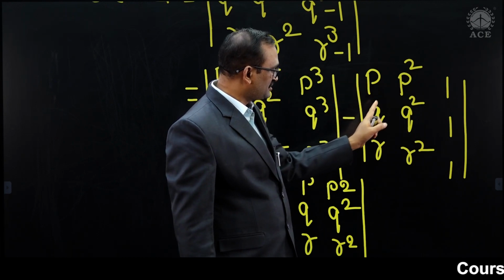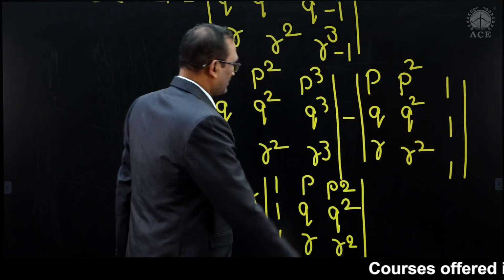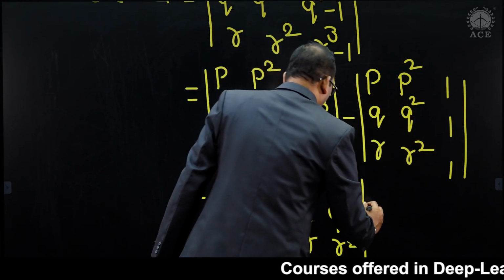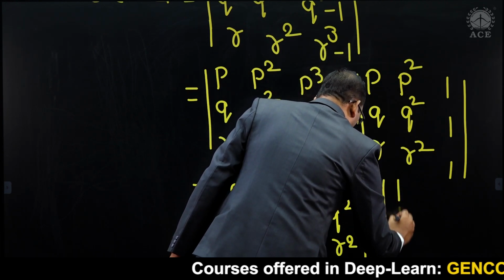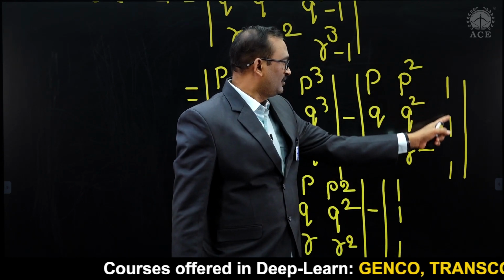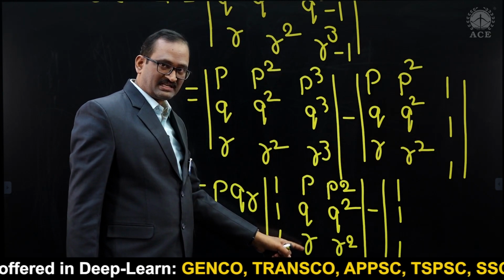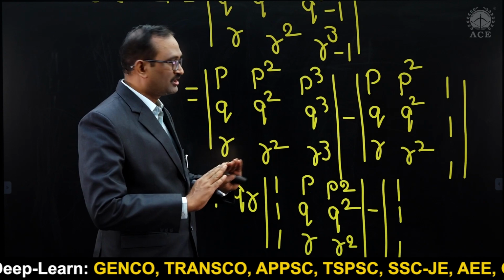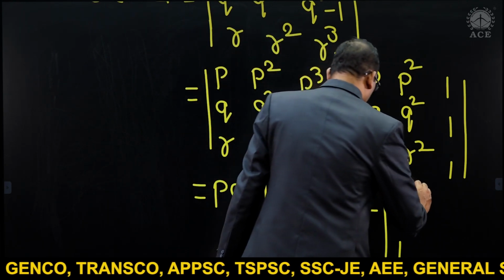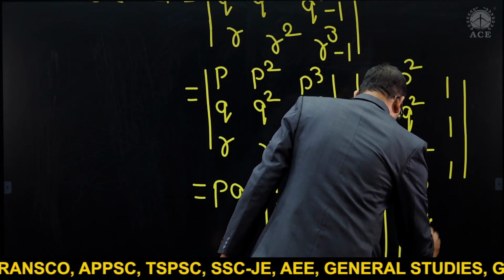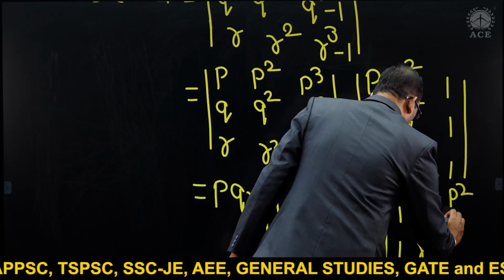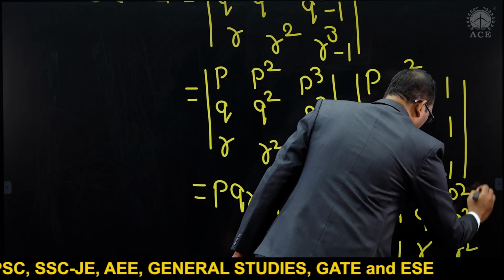So that's why again you need to interchange the second and third columns. Once you interchange the first and third columns, in the first column of the second determinant, you will get 1, 1, 1. The third column will now be PQR. But in order to make PQR the second column, again the second and third columns should be interchanged. Then it is PQR, and this is P square, Q square, R square.